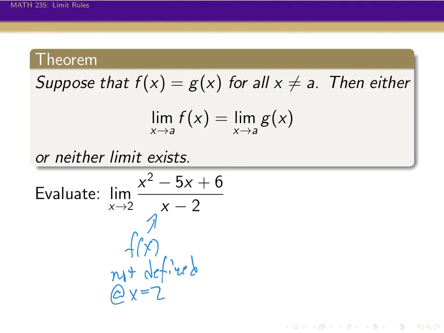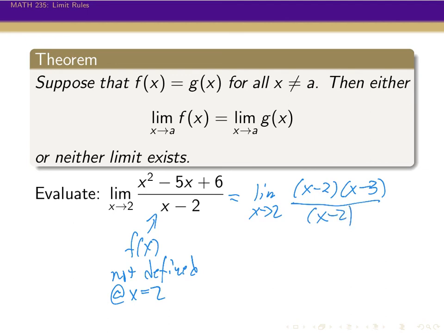Right? But we can factor the top here. And so the top, I believe, factors as x minus 2 times x minus 3, right? X squared minus 2x minus 3x gives me minus 5x. Minus 2 times minus 3 gives me 6. So that works out.